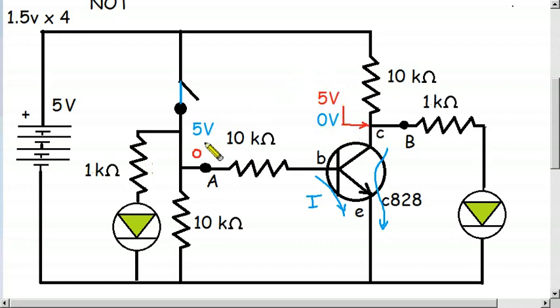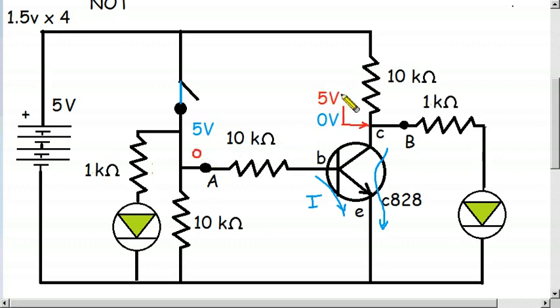So logic level, then, if the voltage is 5 volt here, the logic level is 1, then the voltage here is 0, the logic level is 0, like that. So if the voltage is 0 here, the logic level is 0.